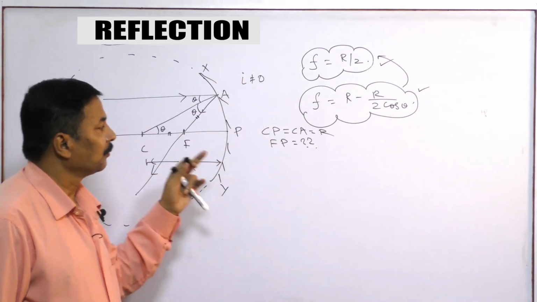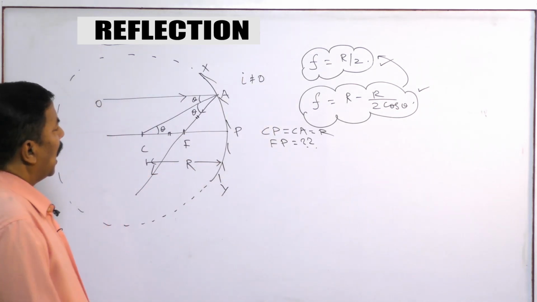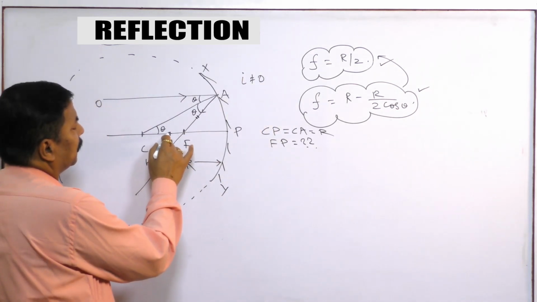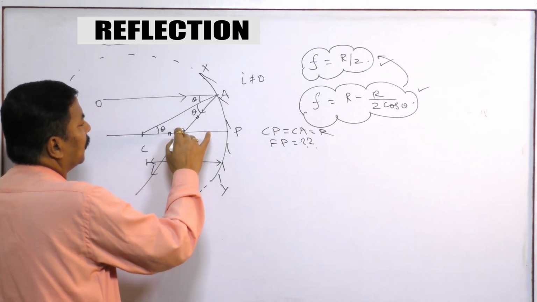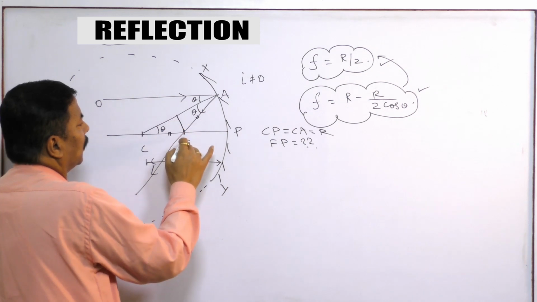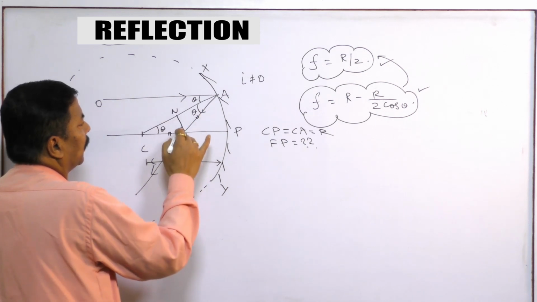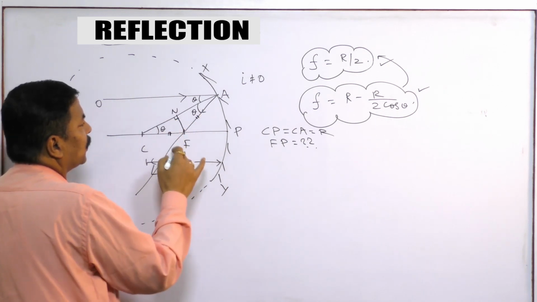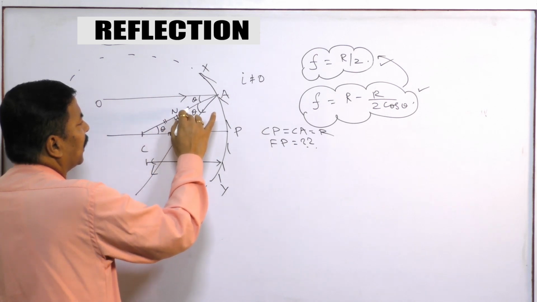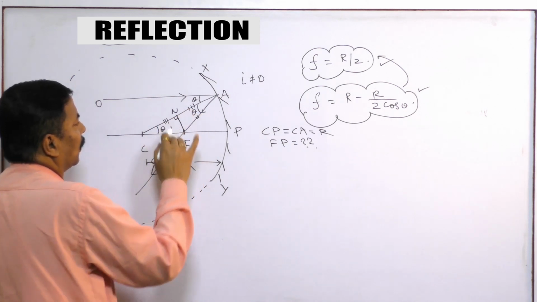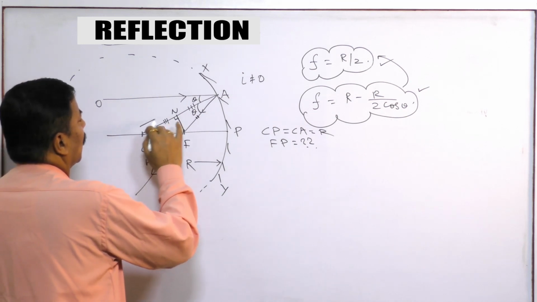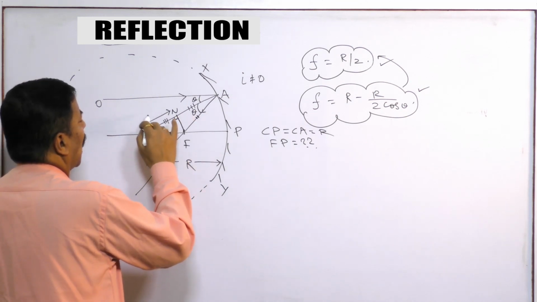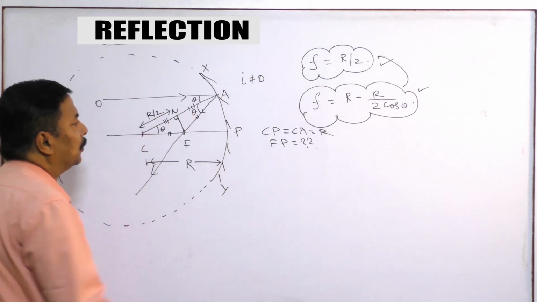Now you see, from here I am dropping a normal, suppose FN. As this is an isosceles triangle, this side and this side are equal. So this distance is how much? R by 2.